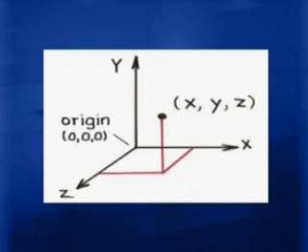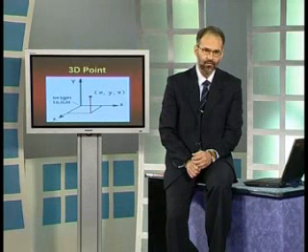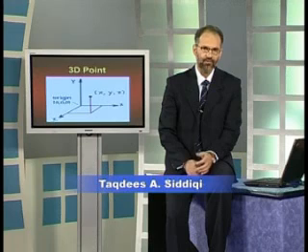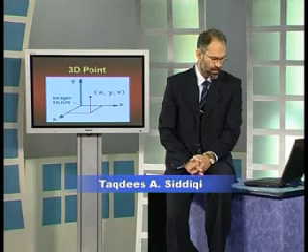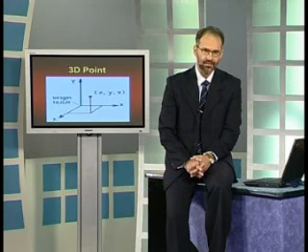Origin is again typically 0, 0, 0. If all three axes have their values 0, we are at the origin, with x equal to 0, y equal to 0, and z equal to 0. And as soon as we start moving away from it, we start getting non-zero values for these three. So in order to make it to a point x, y, z, we would be traveling along the three axes, x, y, and z.